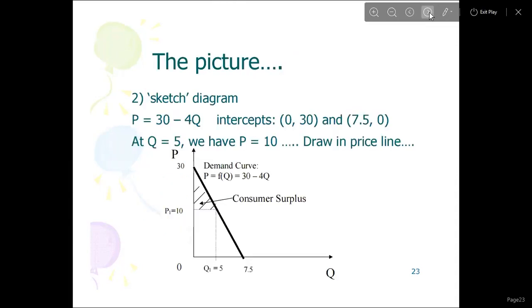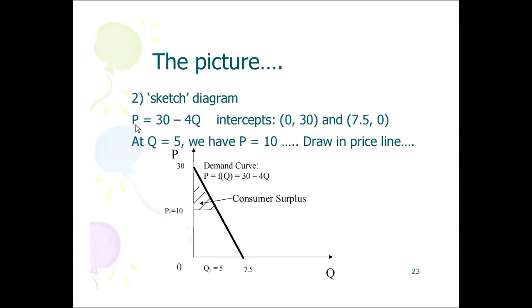Okay. So the picture can be found like this, sketching the price P equals 30 minus 4Q. It intercepts at 0, 30, because if Q equals 0, then price equals 30.